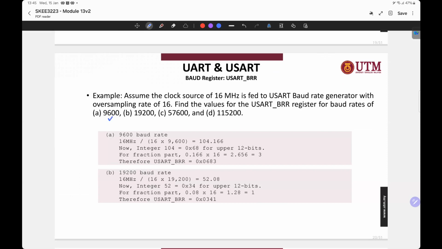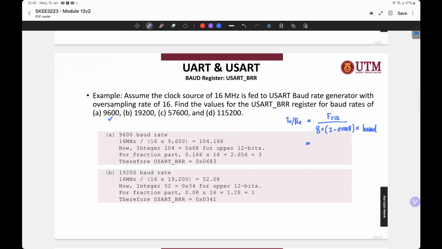So now let's find out for the 9,600 baud rate. What is the value that you need to give to your baud register? The formula is TX RX baud equals F clock divided by 8 times (2 minus over 8) multiplied by baud rate.